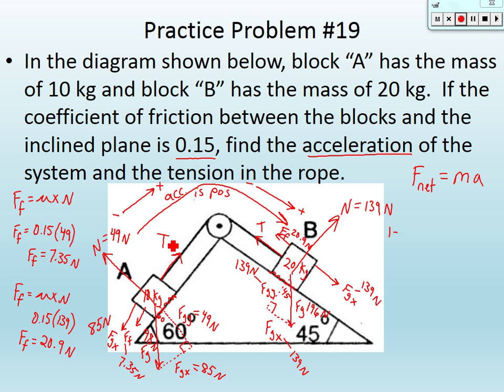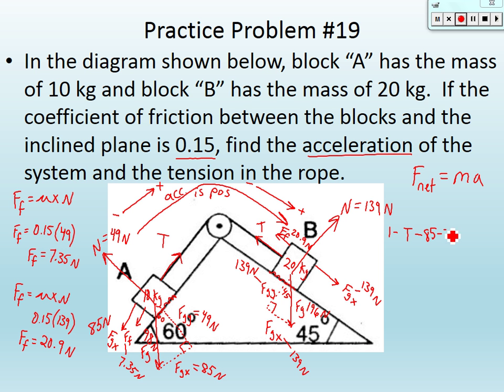So tension is going to be positive in block A. Now to get the net force, we need to subtract off everything that's negative. So everything that's negative is the force of gravity in our x direction, which is 85. So we're going to subtract off 85. But also, friction is pointing down, so that's negative as well, 7.35.